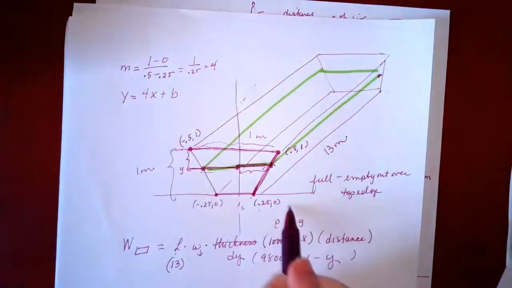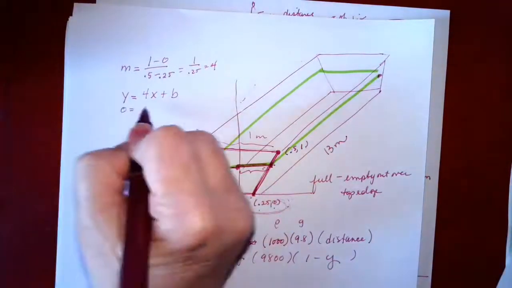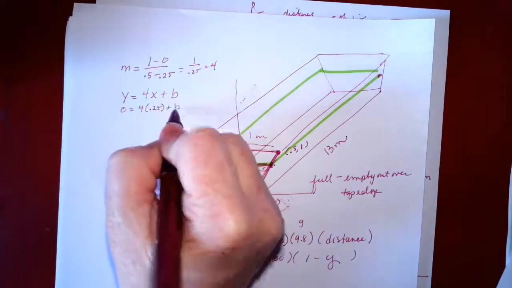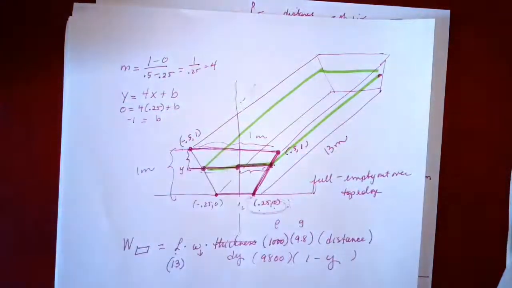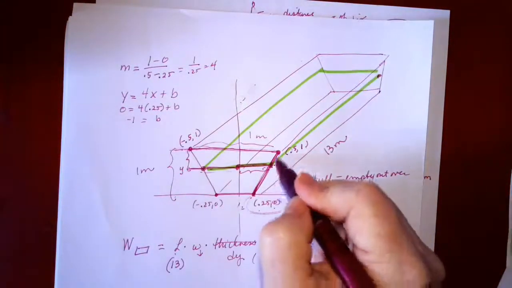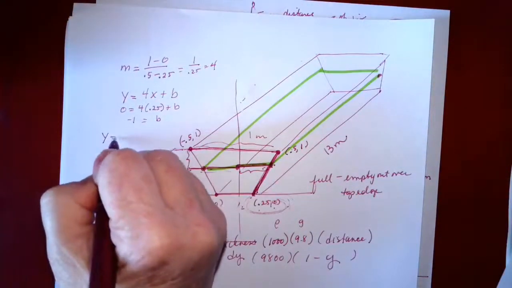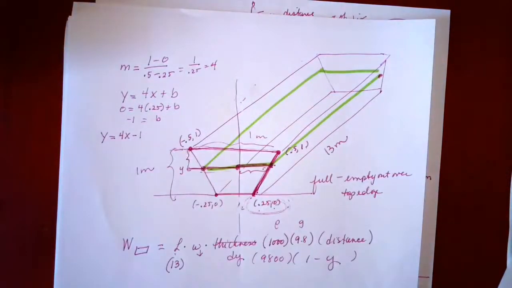So I'm going to use this point. I'm going to replace y with 0 and x with 0.25 to figure out b. So b will be -1. Or this line right here is y equals 4x minus 1.